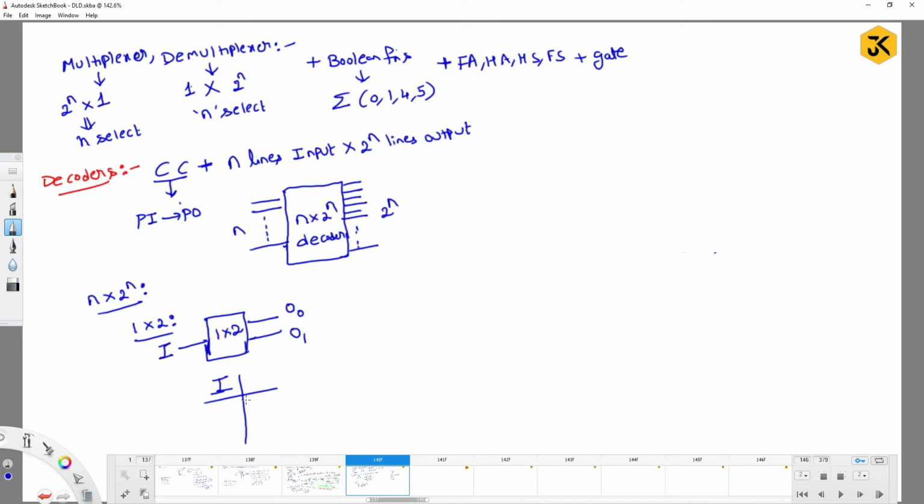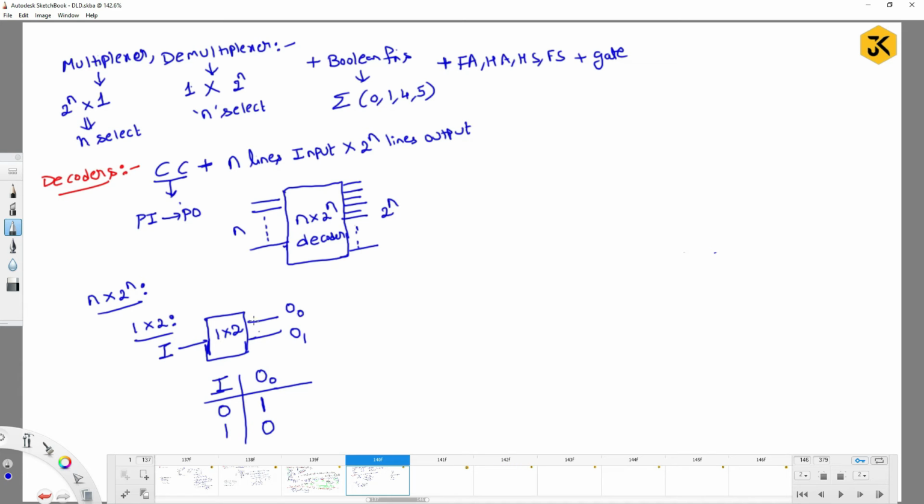As we have only a single variable, it has 2 possible values, 0 or 1. So at the output line O0, if the input is 0, the O0 output is 1, and for input 1, the O0 output is 0.